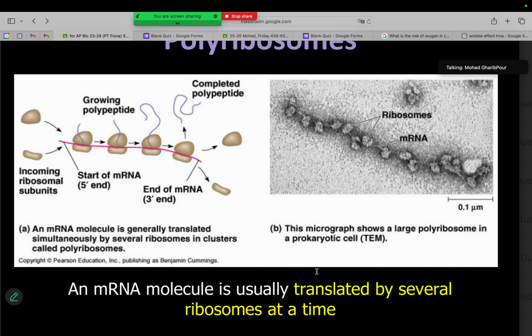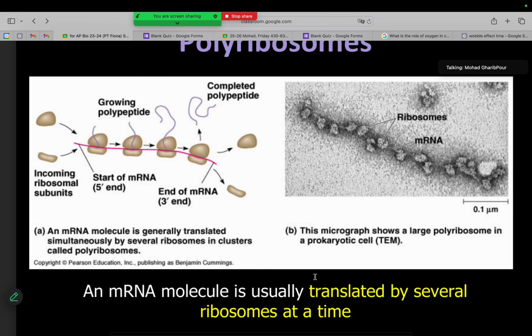Polyribosome. So in prokaryotes, we did say everything is happening in the cytoplasm. Nothing is compartmentalized.